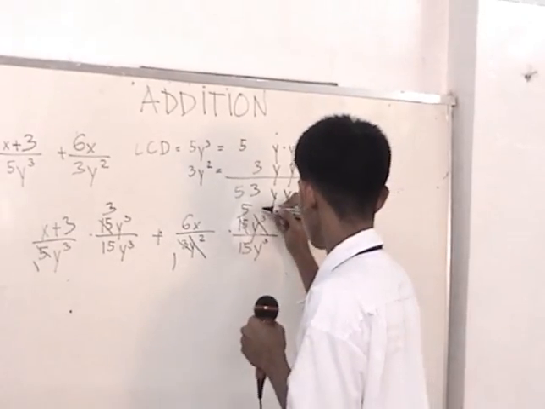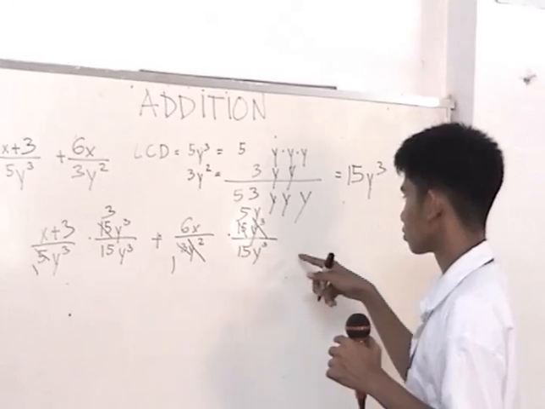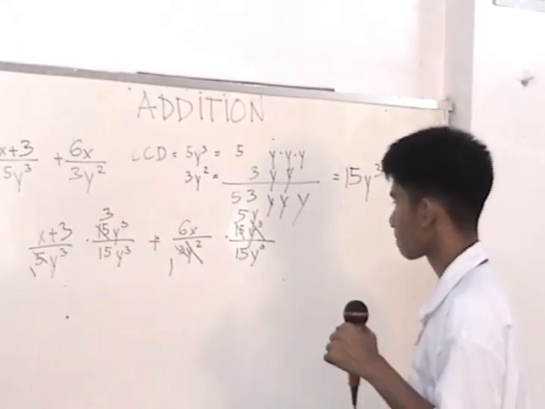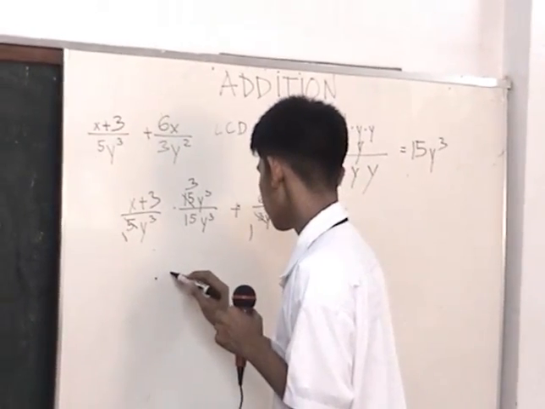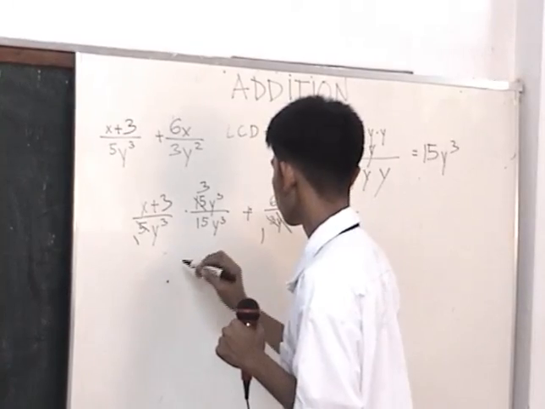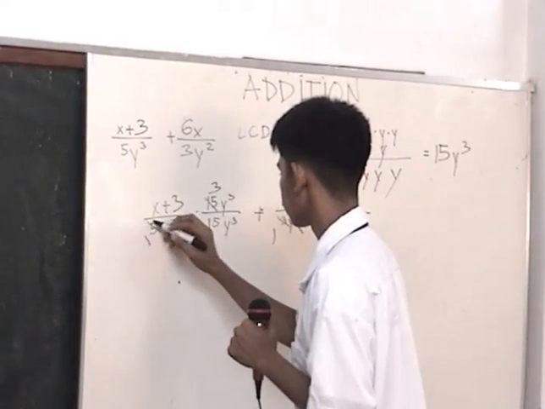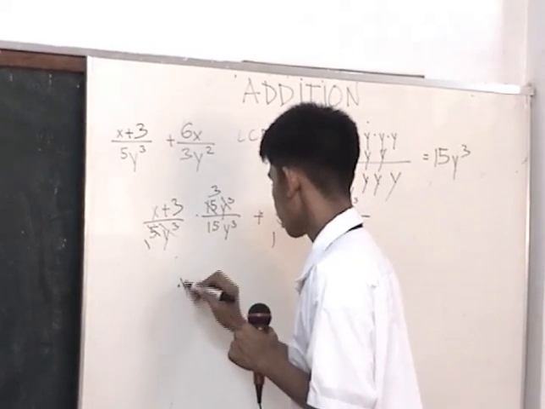And y will remain here because 3 minus 2 is 1. The remaining is x plus 3.